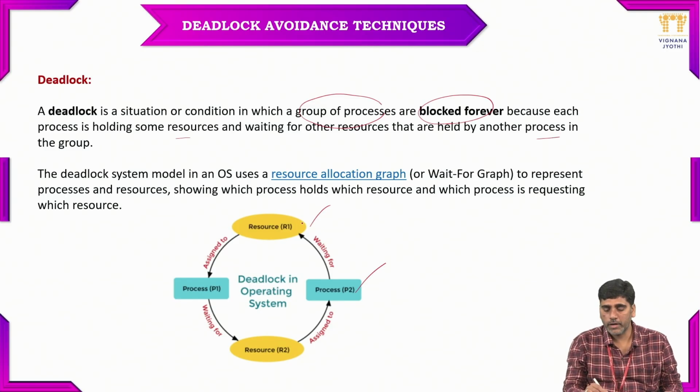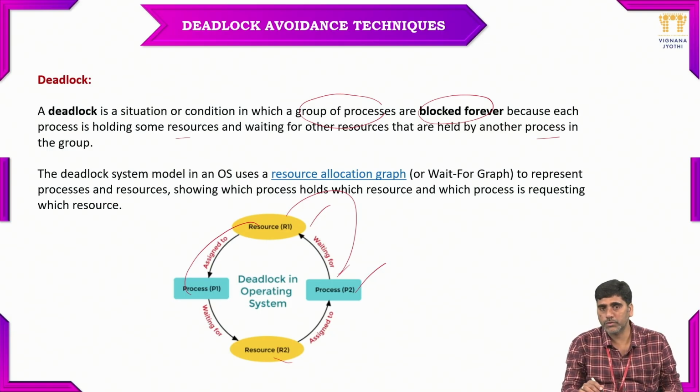That means when one process is assigned a resource R1, it is still looking for another resource. Similarly, a resource which is already allocated to one process is still being requested by another process.